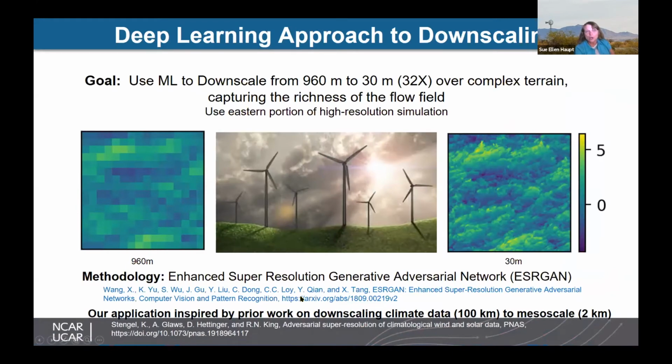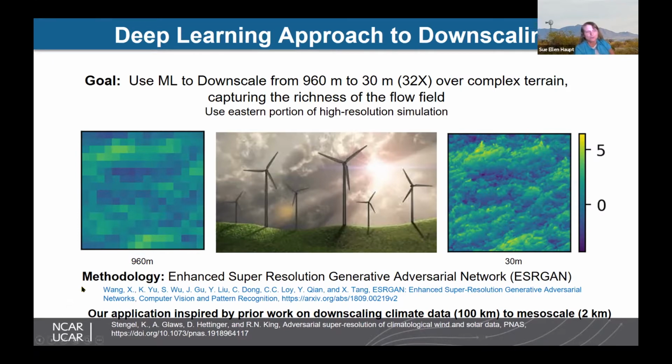expensive. So a question is, can we use machine learning methods to downscale from order of a kilometer down to 30 meters? That's a 32 times downscale in complex terrain, capturing the rich turbulence of the flow. And to do that, we're going to use the eastern portion of that simulation we just saw, where we've captured frames every 3 minutes.